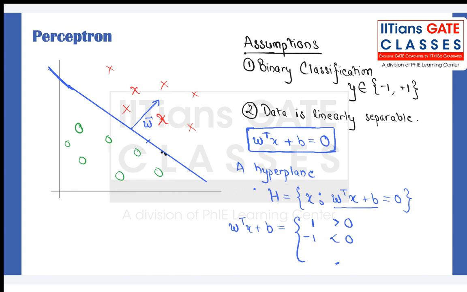Now, let me again formalize the setting. You had your set of data points x comma y. Your y should only belong to a binary classification scenario, which is minus 1 comma plus 1, right? And your hyperplane H is X such that W transpose X plus B becomes 0.